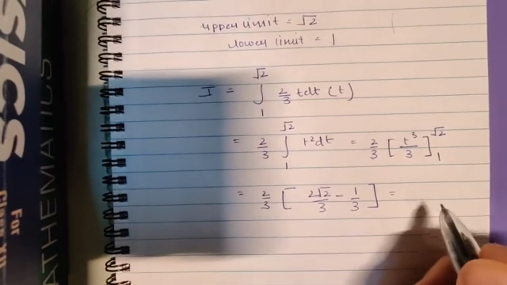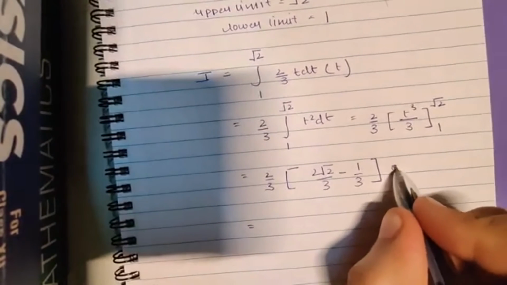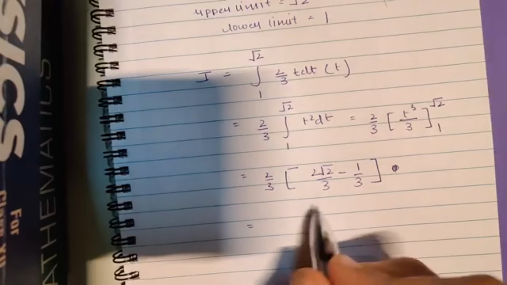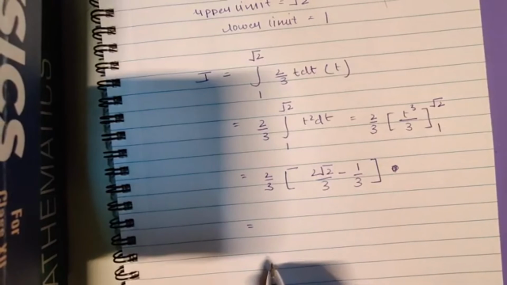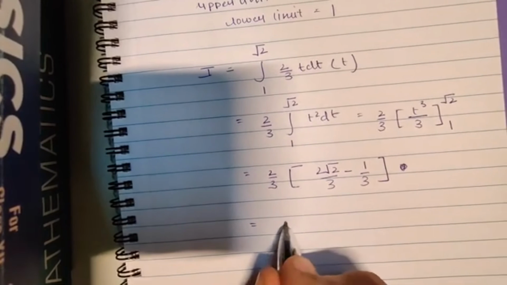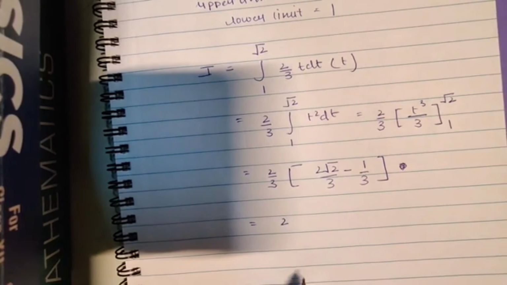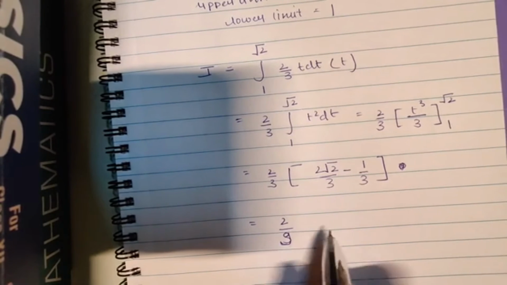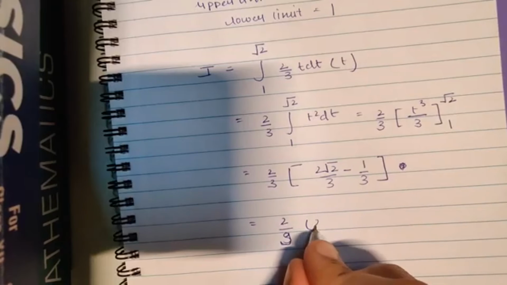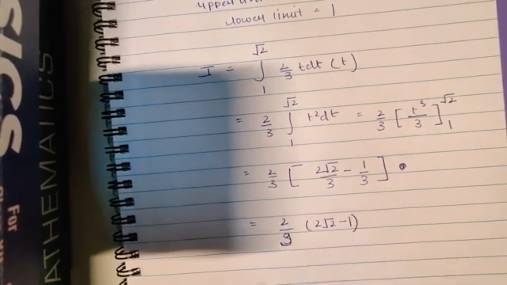Wherein now we are left with simply calculating all this value. This will simply be 2 by 9 into 2 root 2 minus 1.